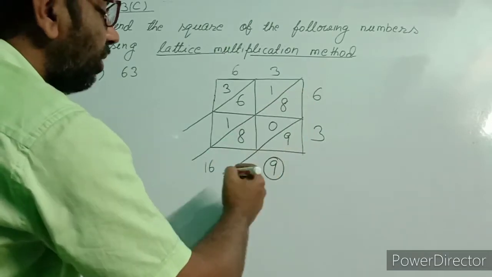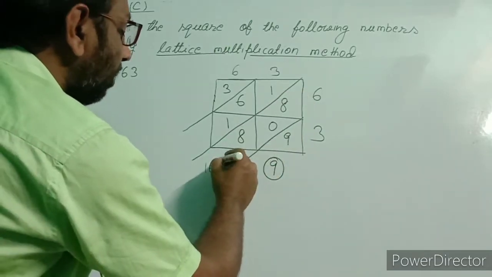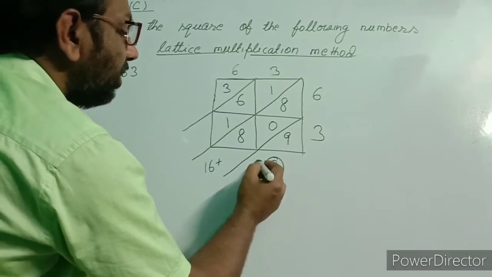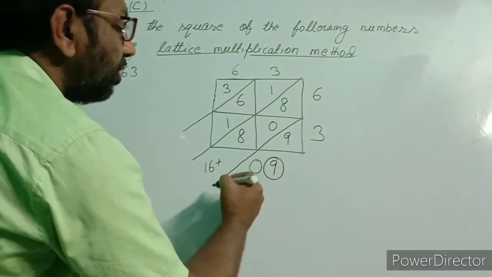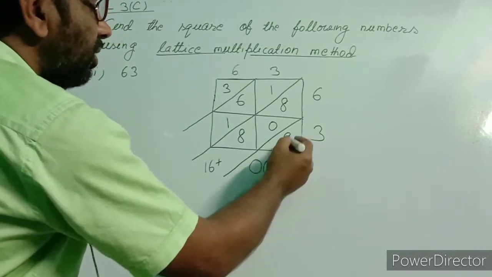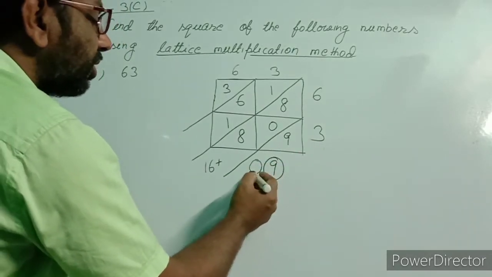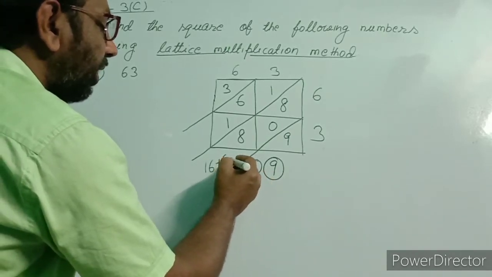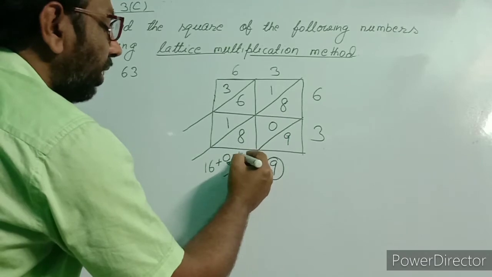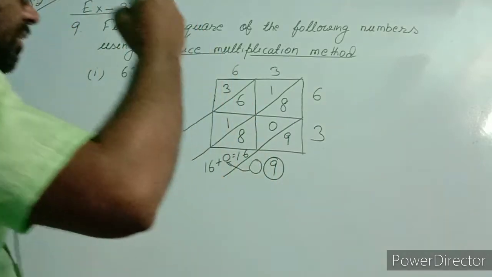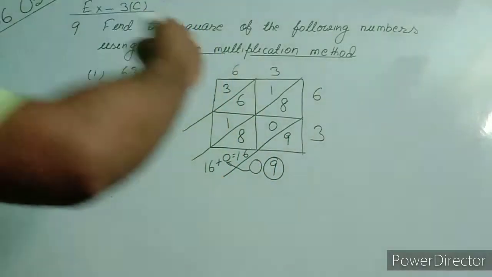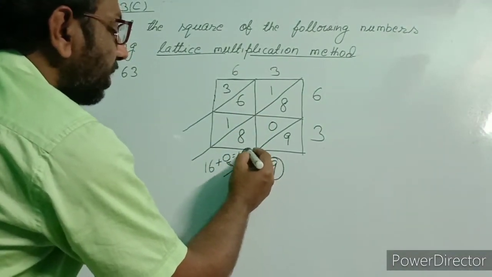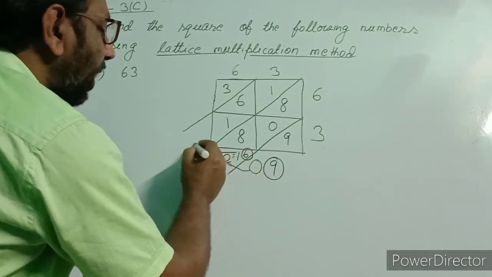Here you always write this number in 2 digits, and this 0 you carry here at this place and write here 0. Add it. What are you getting? You are getting 16.